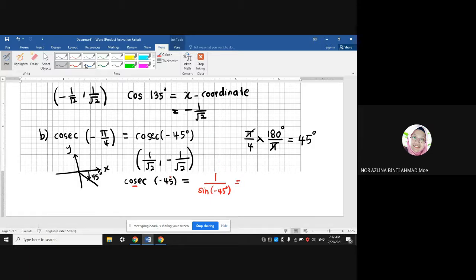Just now, sin theta equals the y coordinate. So 1 over sin negative 45 is 1 over negative 1 over square root 2. So we bring square root 2 power up. So the final answer is negative square root 2.